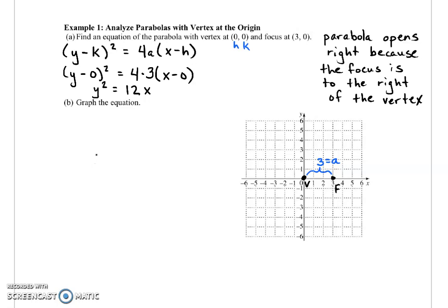Now, how do we graph that? Well, the easiest way is just to pick a point. So pick a value for y, solve for x. We already know we have the point (0, 0) for our vertex. So, I don't know, let's pick x is 3.